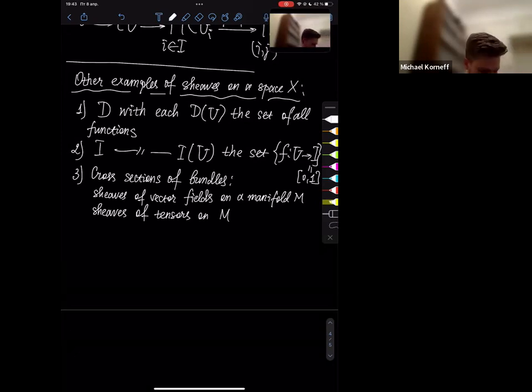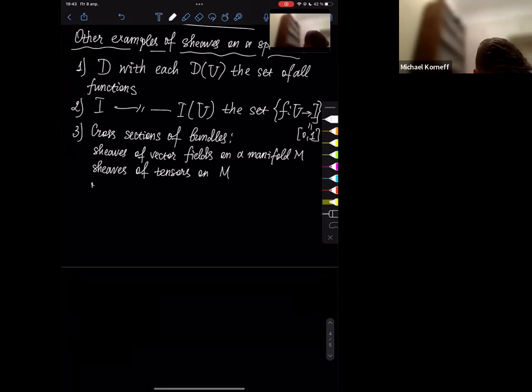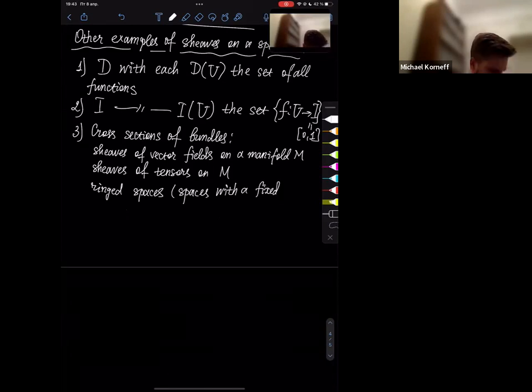Also ringed spaces, that is, spaces with a fixed sheaf, a sheaf of rings.